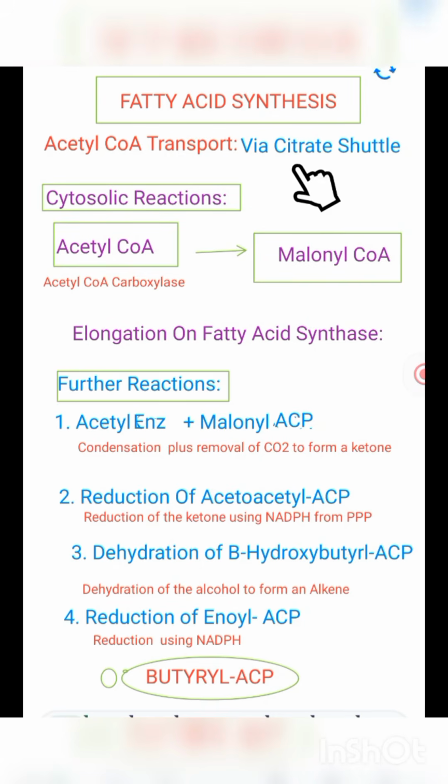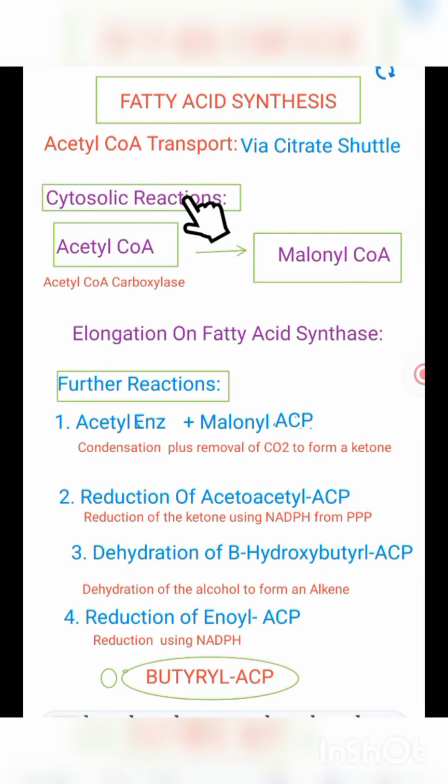And oxaloacetate can still find its way back into the mitochondria by being converted to malate, and it also uses the malate shuttle back into the mitochondria. But that's a story for another day. Today we focus on the acetyl-CoA that we have successfully moved from the mitochondria into the cytosol.